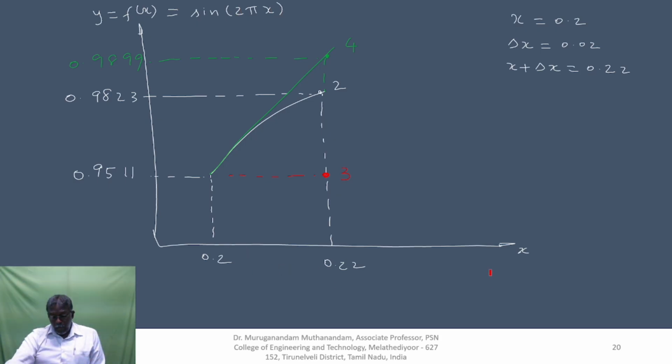But in computational fluid dynamics, we don't have such simplified or exact functions. Here it is an exact function, y is equal to sine 2 pi x. In computational fluid dynamics problems, we don't have such exact functions.